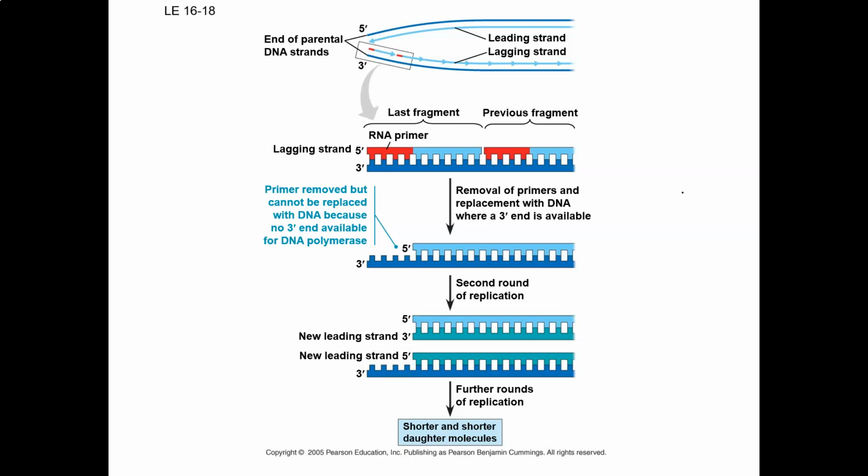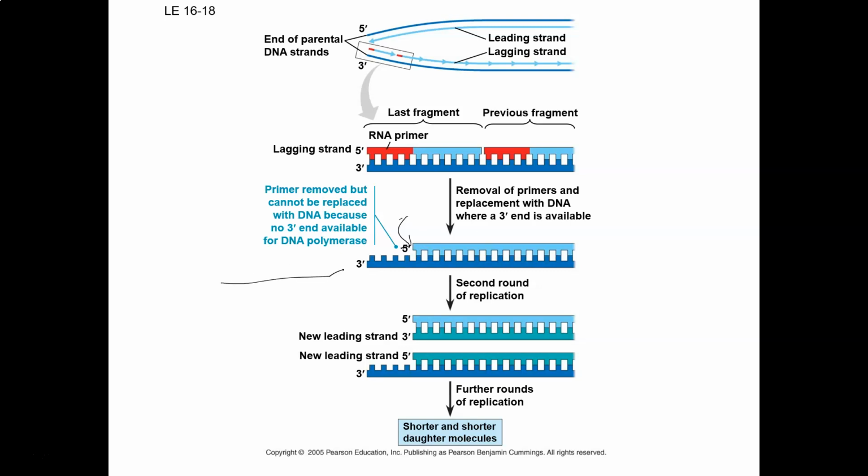Okay, now bacteria don't have this problem, or cells with circular DNA, but for eukaryotes with linear chromosomes, there is a problem with replication. And that is that every time you copy a chromosome during the S phase of the cell cycle, which you're going to do every time you want a cell to undergo mitosis or meiosis, there's no way to complete the 5' end once you remove the primer in one of the two strands.